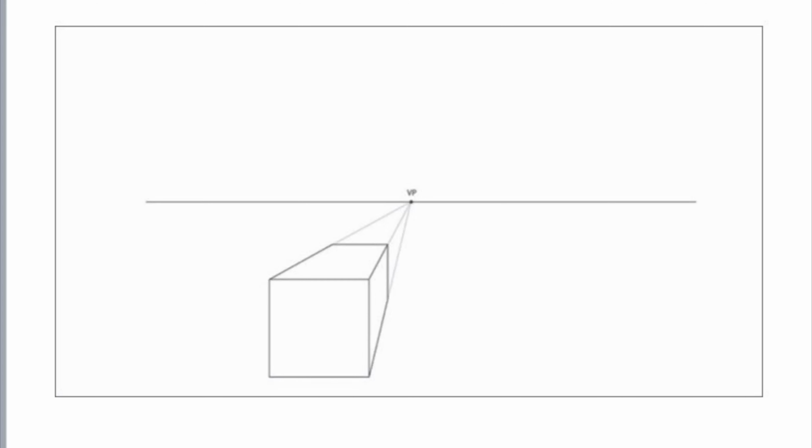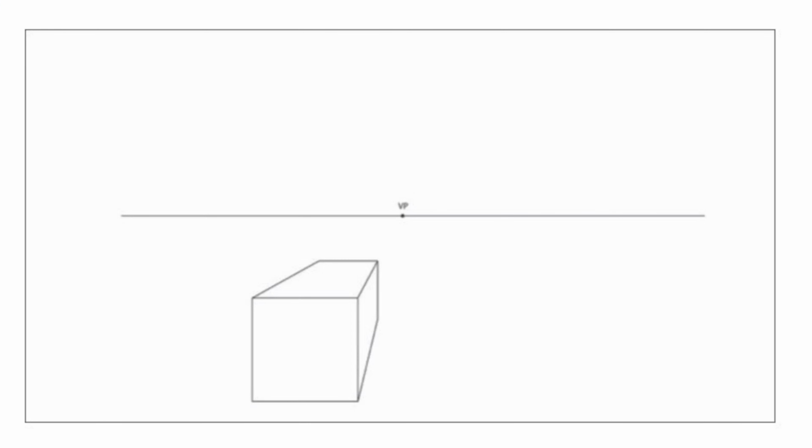Once you've done that, you want to figure out the depth of your box, so how far back in space it's going, and then draw a line across that will be parallel with your horizon line. Now you have a box or rectangle that is in perfect 1-point perspective.